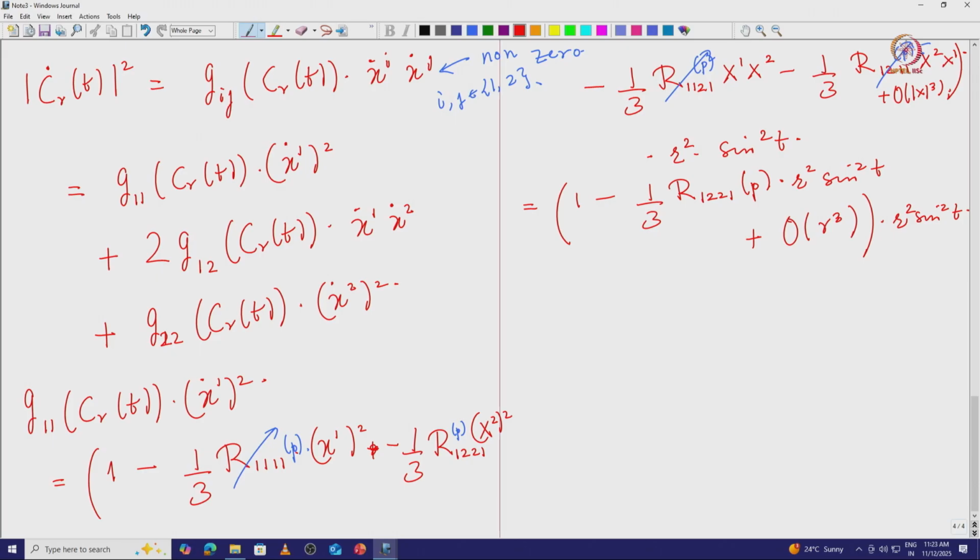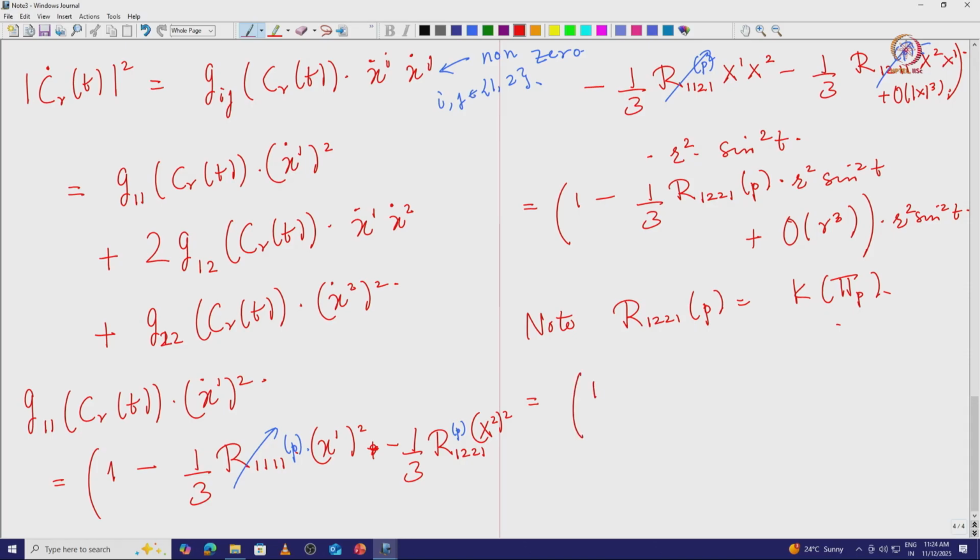Okay, but then note that R1221 at P is precisely the sectional curvature of this plane, because the norm squared of del 1 at P and del 2 at P is 1, right. So this is precisely the sectional curvature term.